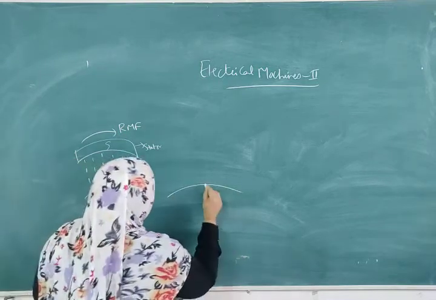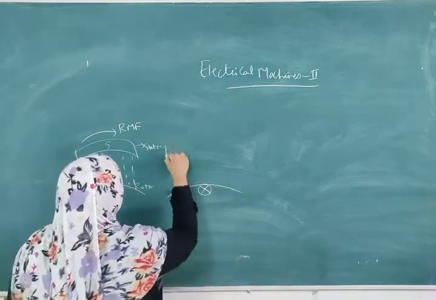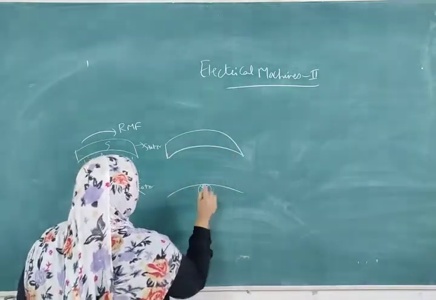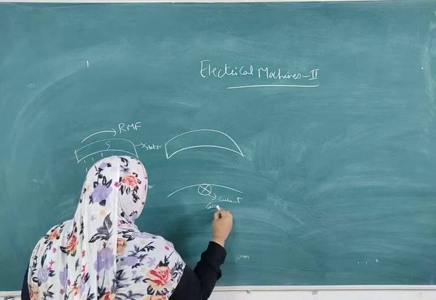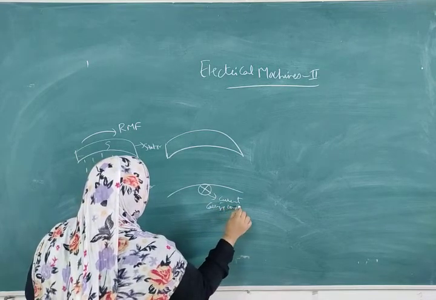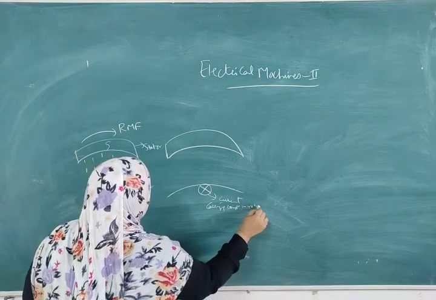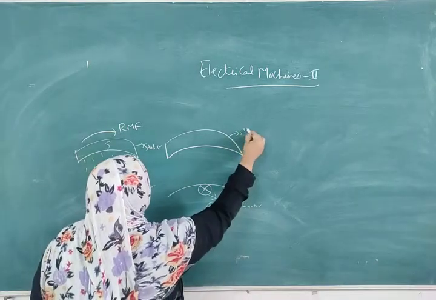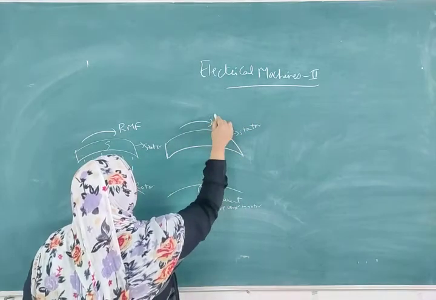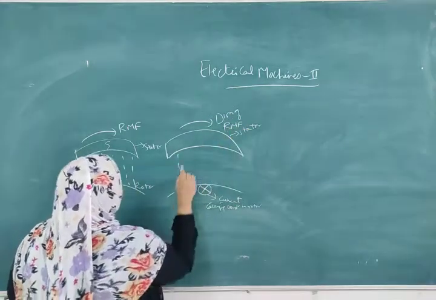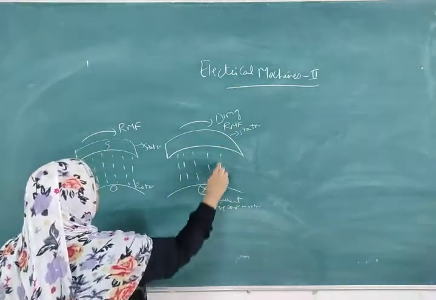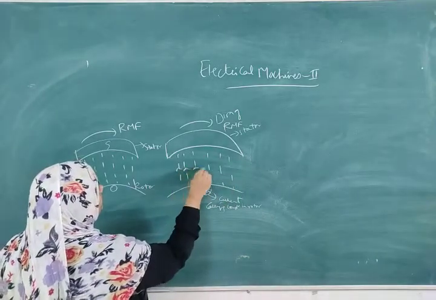The next diagram we have seen is that there will be a current carrying conductor in rotor. This is stator, direction of RMF, and this is RMF.